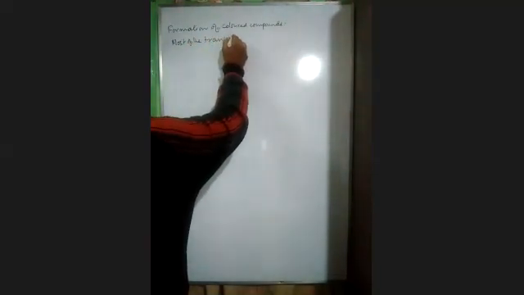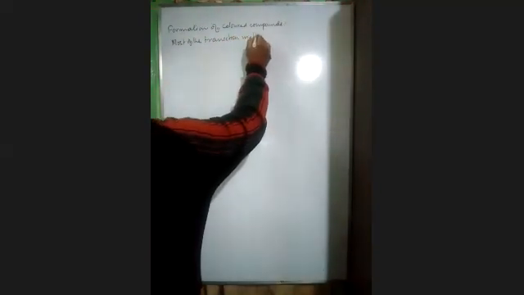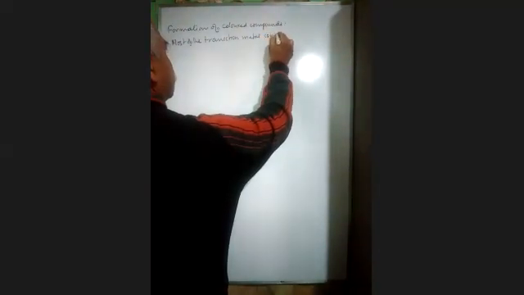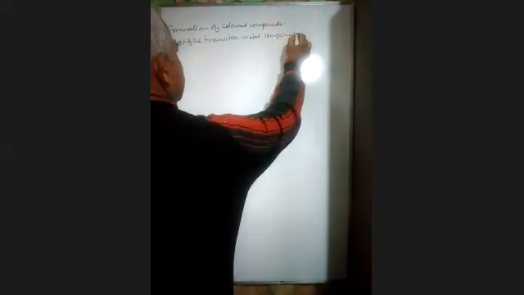Where does the color come from? Color comes from the metal ions. Color does not come from the anion. Color comes from the metal side.